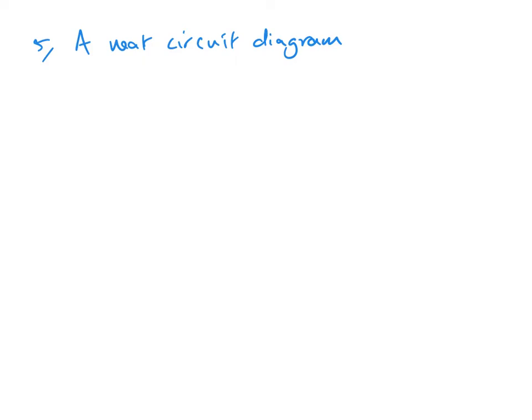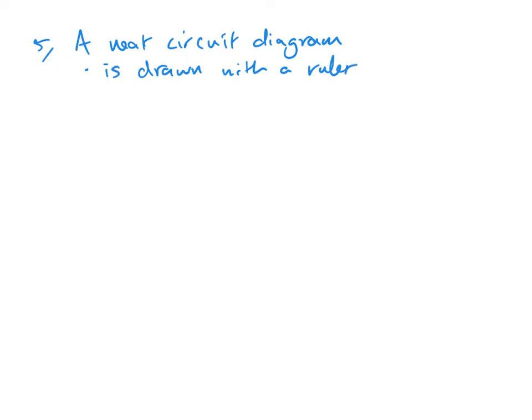What are the properties that we're looking for in neat circuit diagrams? Battery or cell: in general, circuits need a battery or a cell, so most of them will involve that. So a neat circuit diagram, one, is drawn with a ruler.